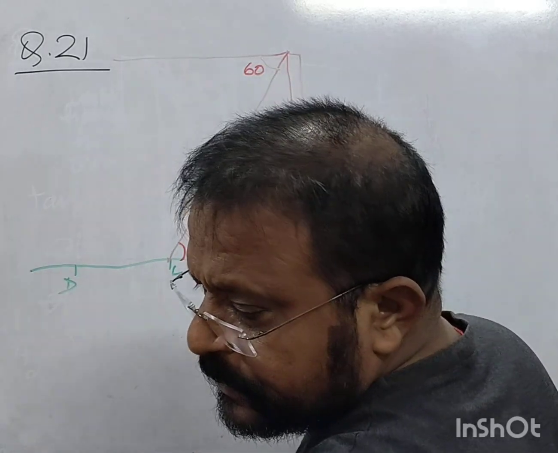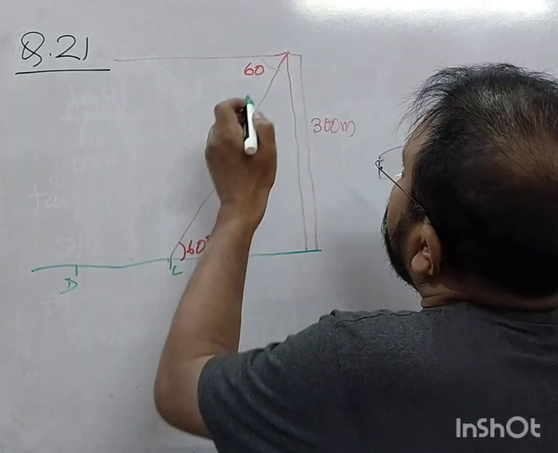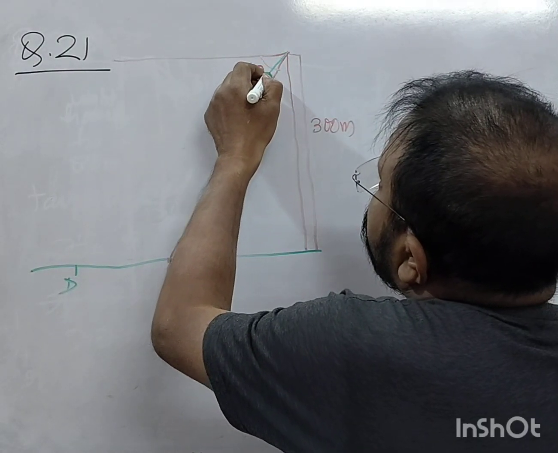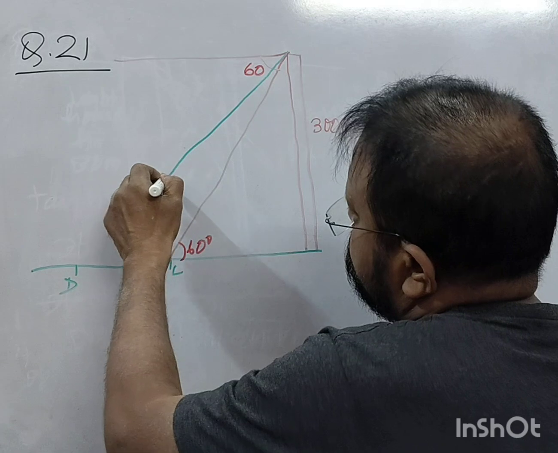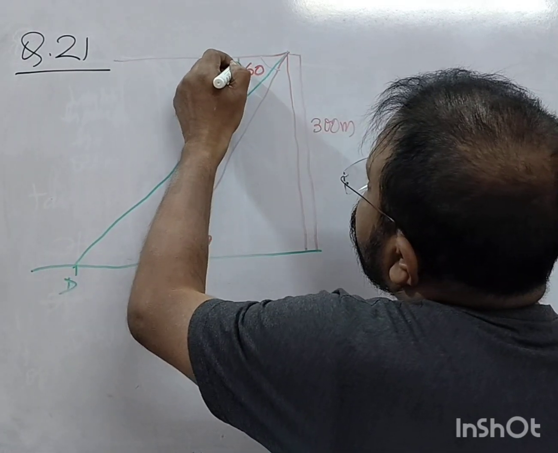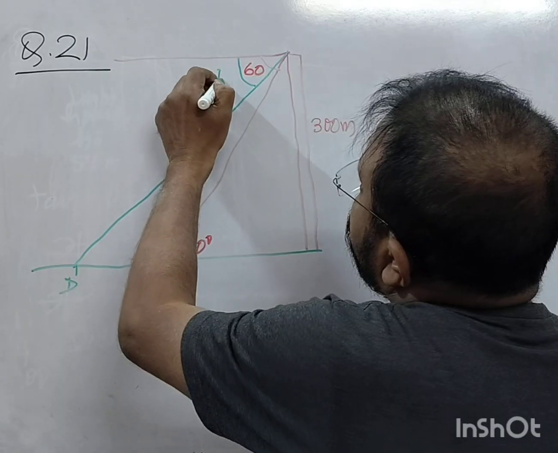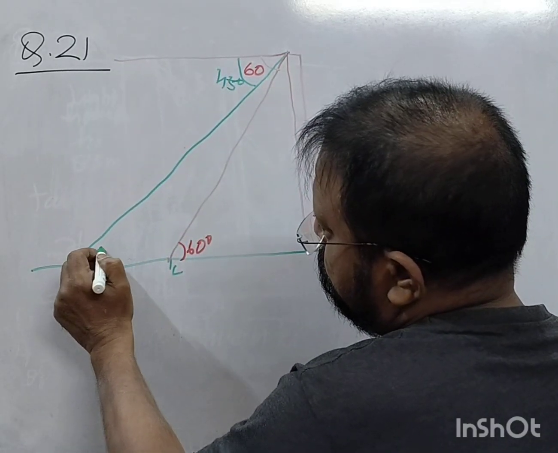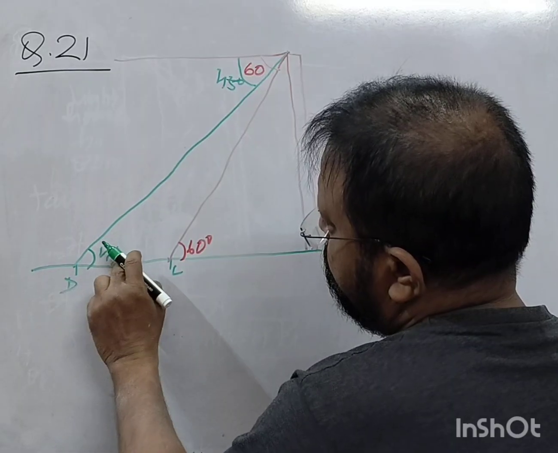And angle of depression from here is 45 degree. So this is of 45 degree, right?